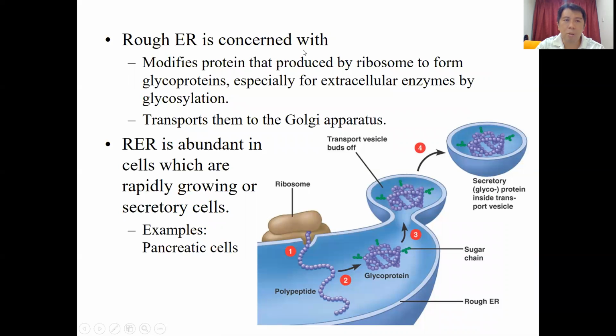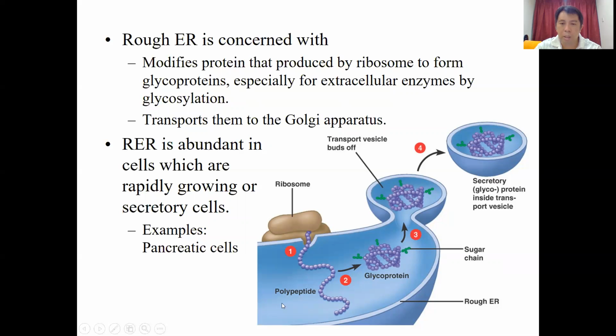Rough ER is concerned with modifying proteins that are produced by ribosomes to form glycoproteins, especially extracellular enzymes, by glycosylation. Then the proteins will be transported to the Golgi apparatus for further modification. This may be new information for you. As you see in this diagram, this is the ribosome.